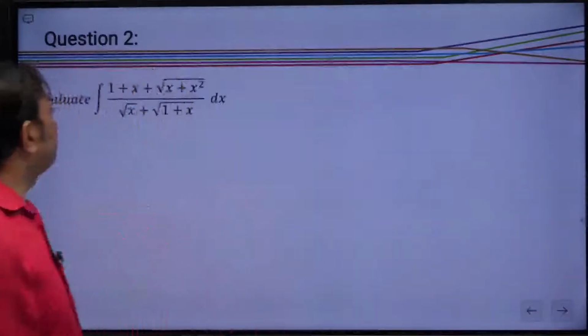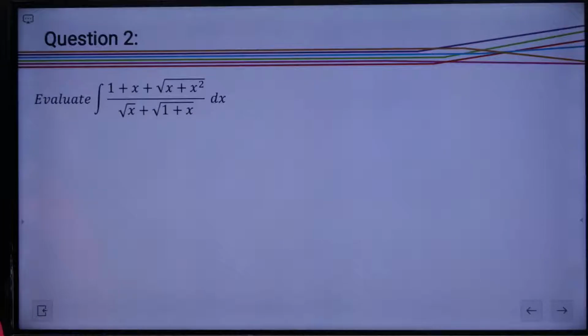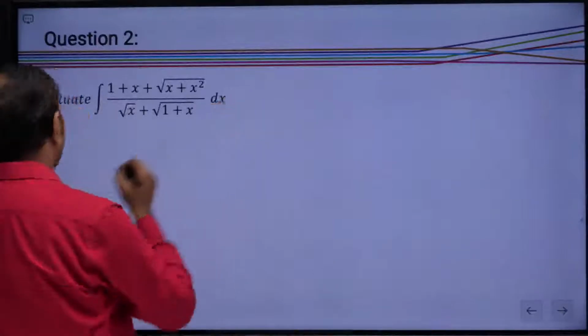if I need to evaluate this integration of 1 plus x plus square root of x plus x square upon square root of x plus square root of 1 plus x. Okay, so we need to think a little widely about what we can do to simplify this function.